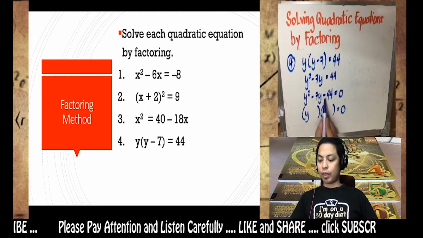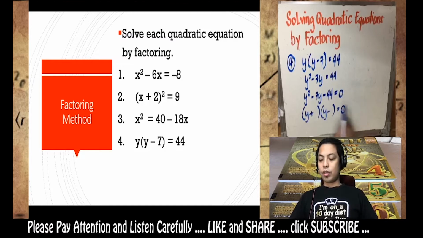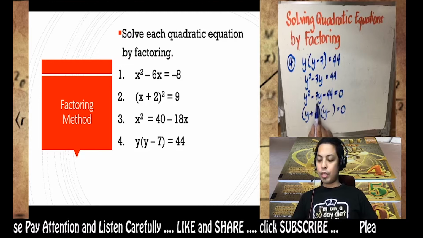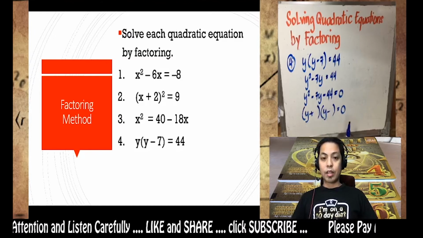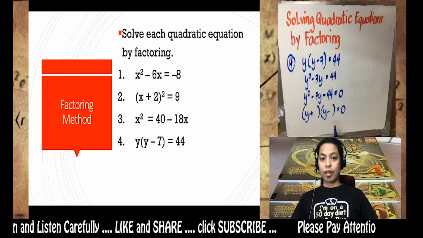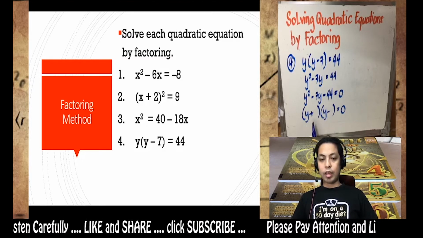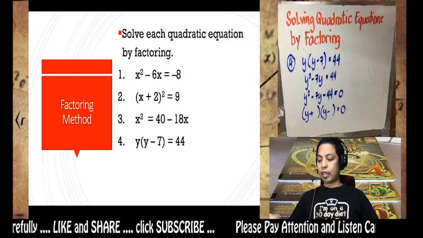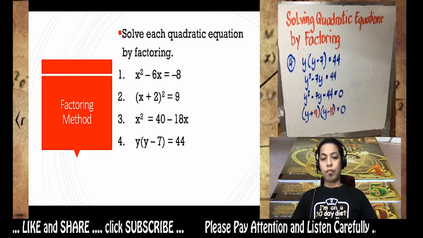So, ang chances natin pag negative ay plus at yung isa ay minus. 44. So, iisip ka ng factors ng 44 na magbe-base tayo sa lalabas sa linear term, which is 7. So, this is 11 times 4 para maging 44. 11 minus 4, 7. Okay? Kaya lang, saan ko ilalagay si 11, yung malaki? So, titingin tayo sa linear, which is negative. So, ilalagay natin si 11 sa negative at si 4 sa positive.